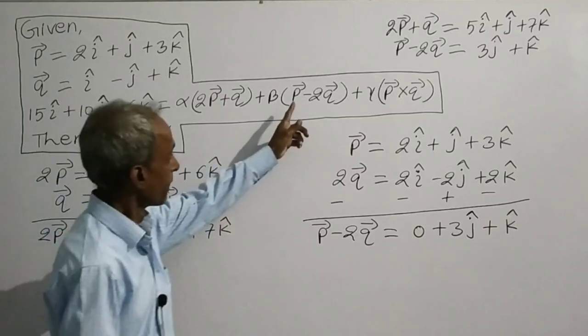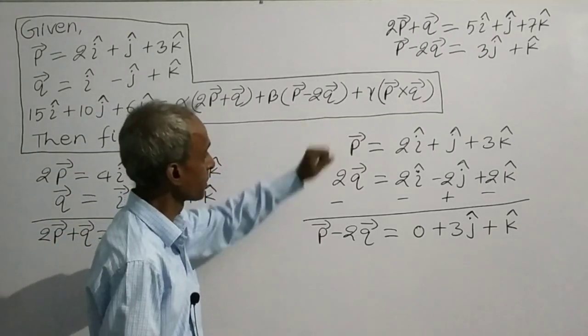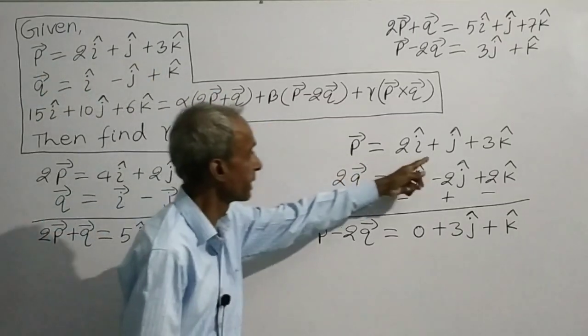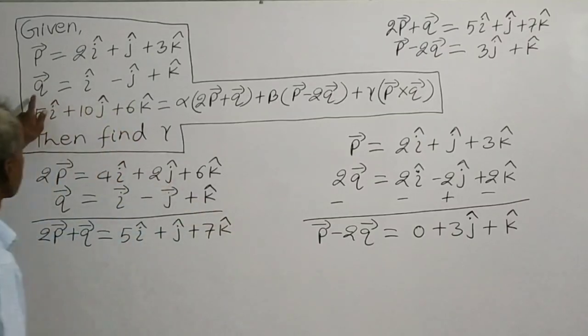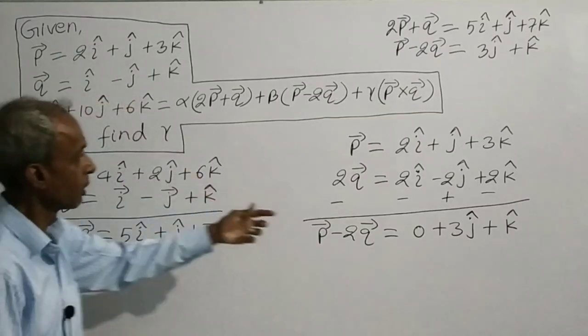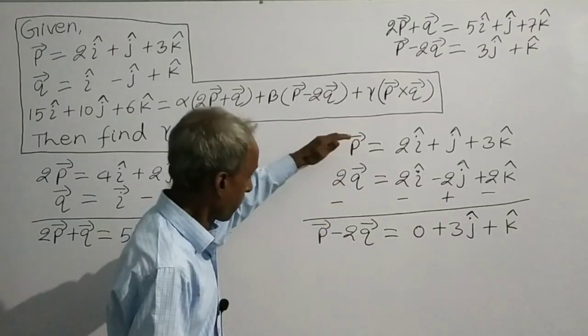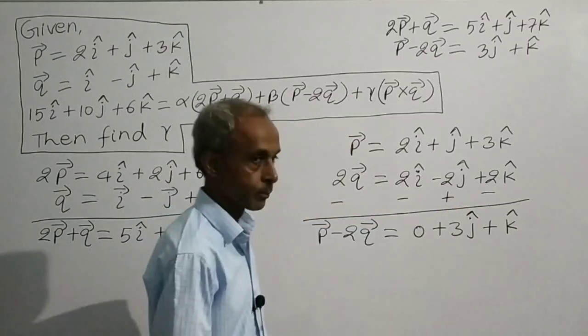Similarly, now we find vector P minus 2 times vector Q. Vector P, right from here, 2 times vector Q, multiply both sides by 2 and write here. For subtracting, change sign everywhere.